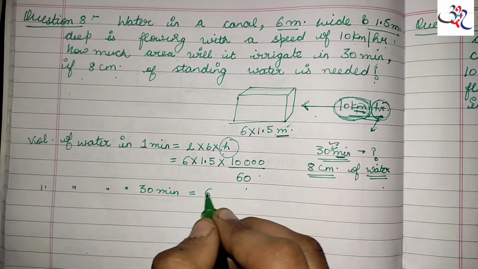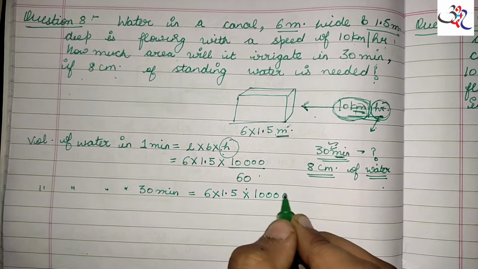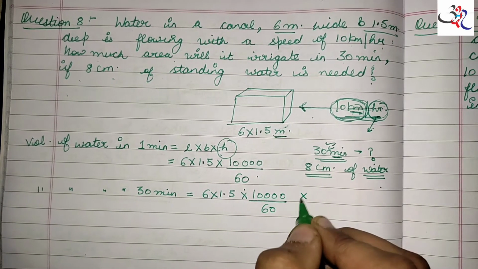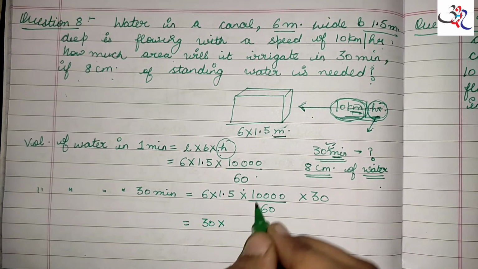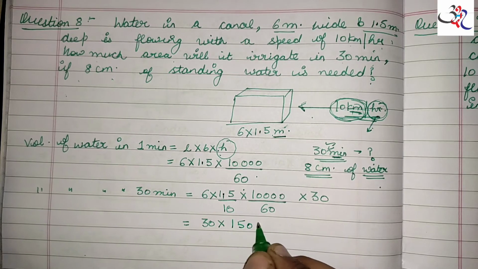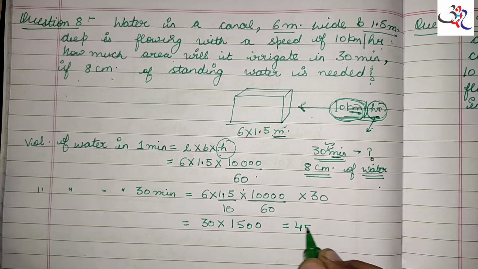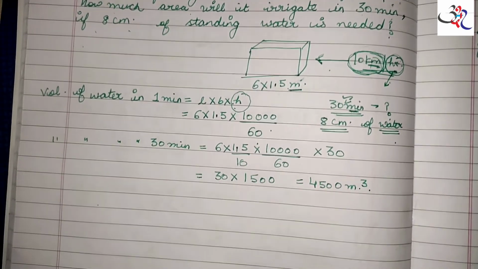Now I have to find out the volume of the water in 30 minutes. By using the unitary method, how can I find it? This into 10,000 by 60 into 30. After solving this complete calculation, I will get 30 into 1500, which is equal to 4500 meter cube, right?